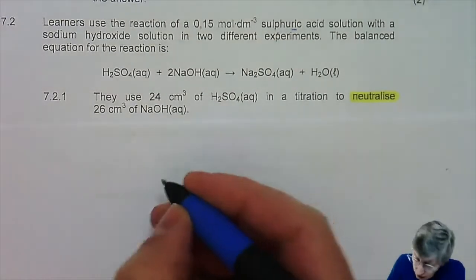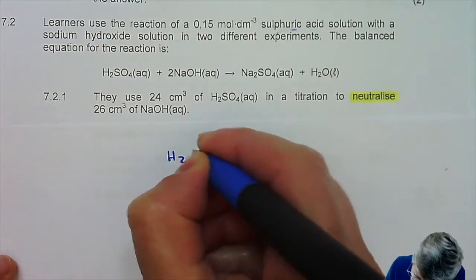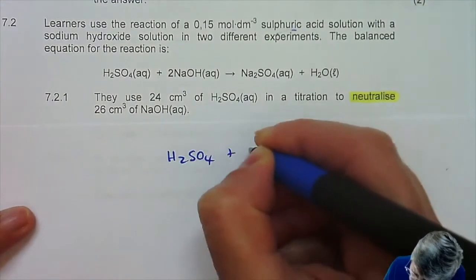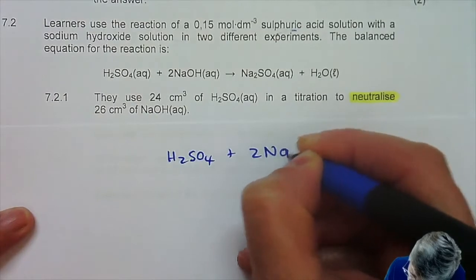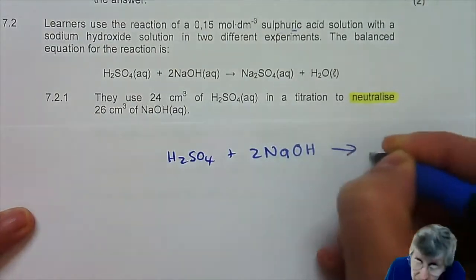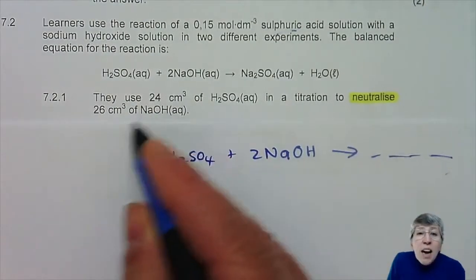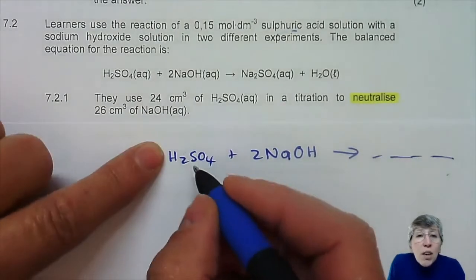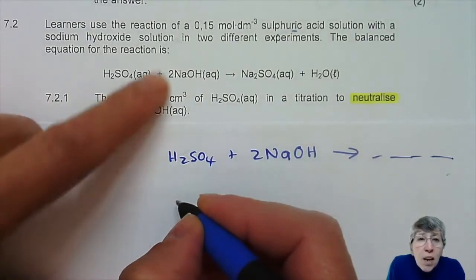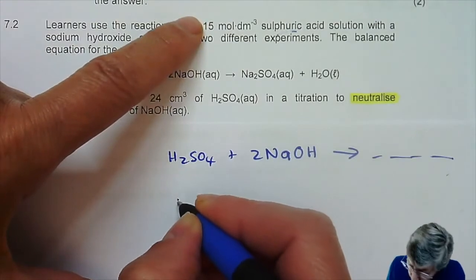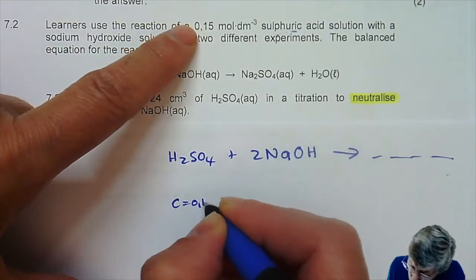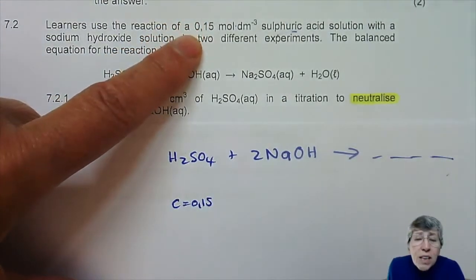They are in the right ratio. So when I look at H2SO4 and 2NaOH, reacting, giving a lot of other things. Now we know they're in the ratio. Now what do I know about the H2SO4? The concentration was already given up there. It was 0.15 moles per cubic decimeter.